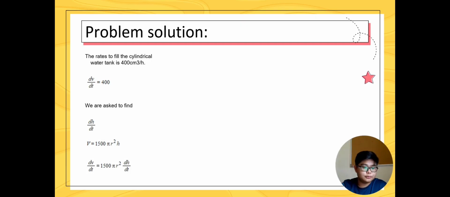For the problem solution, the rate to fill the cylindrical water tank is 400 cm3 per hour. It gives us dV/dt equal to 400, and we are asked to find dh/dt. For the formula, we have dV/dt equal to 1500 pi r squared dh/dt.